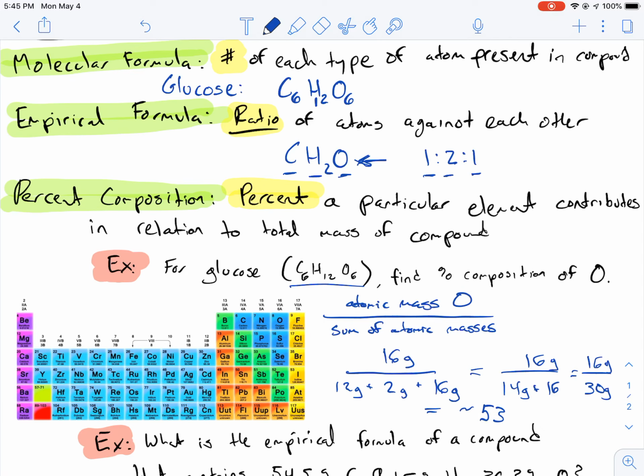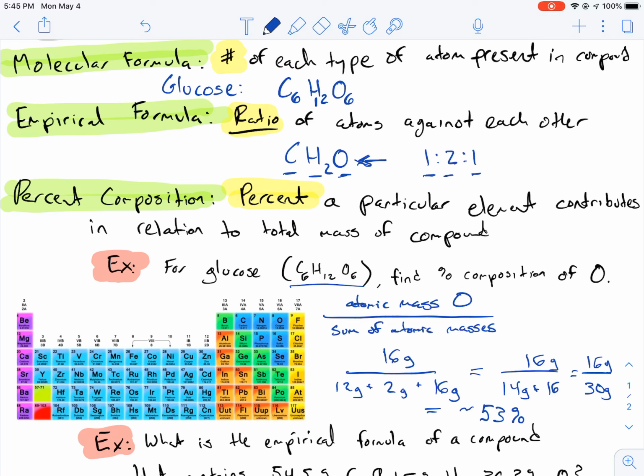About 53%. We're just trying to figure out the relative mass of each atom within the compound. So what we're saying is that 53% of that molecule is going to be oxygen.